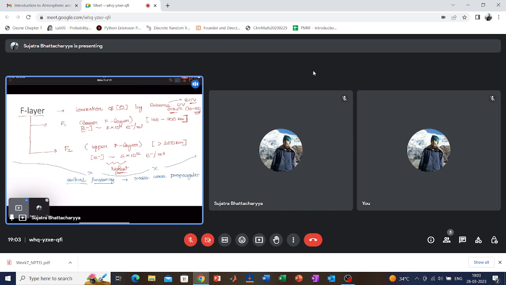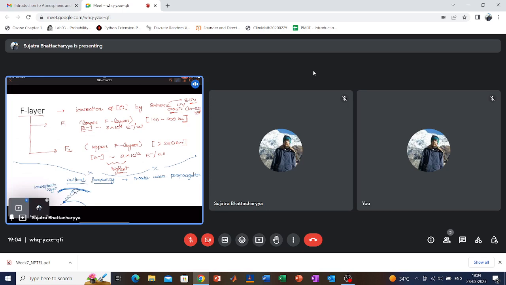What happens is that this is the ionospheric layer. Let me write ionosphere layer, and at the surface you have a source, you are giving radiation. Like this also you have given radiation.